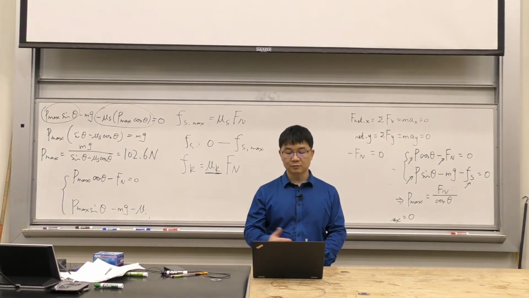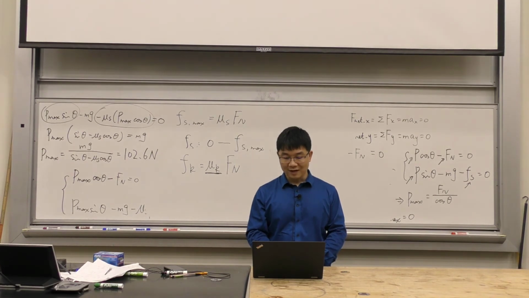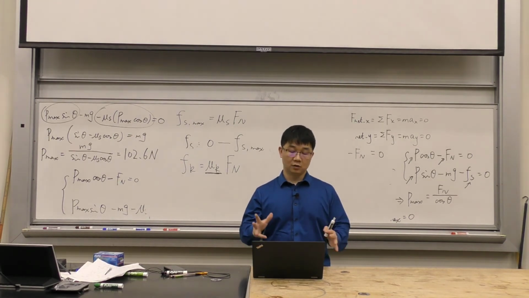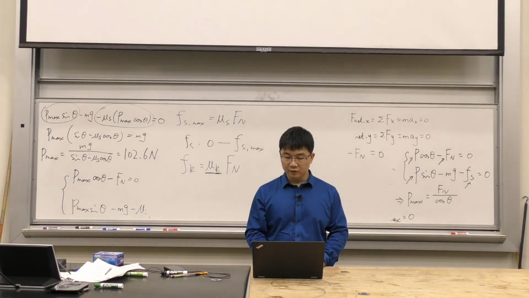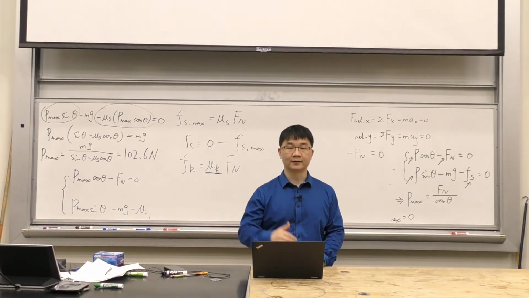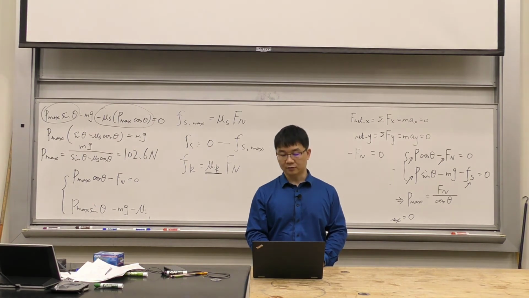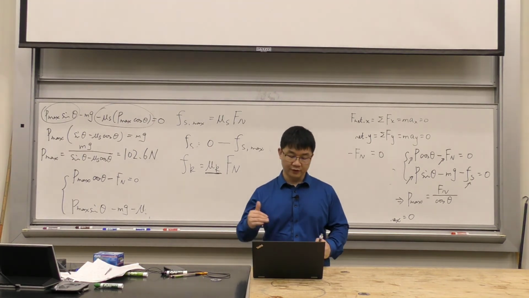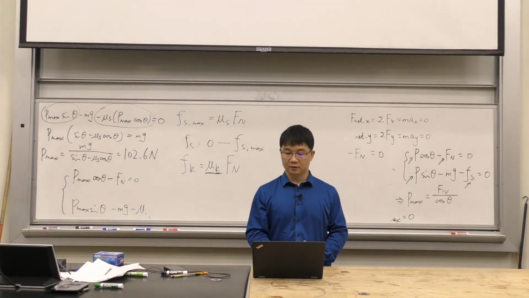This is very similar to the experiment we used to determine the static friction coefficient. The only difference is this: we're going to have two blocks. We're going to put M1 on this incline, and we're not going to raise the incline. The incline is already fixed, the angle cannot be changed.